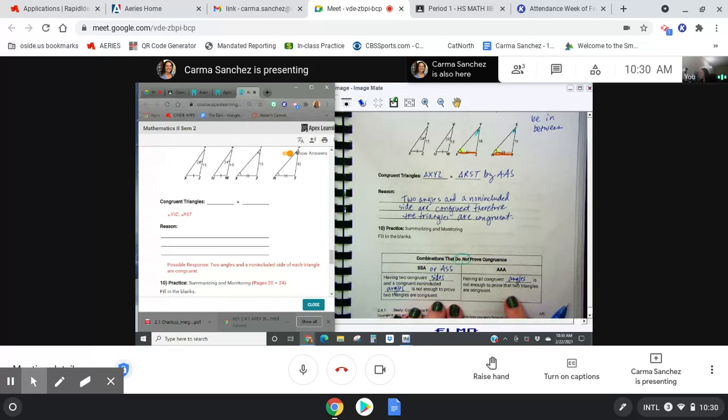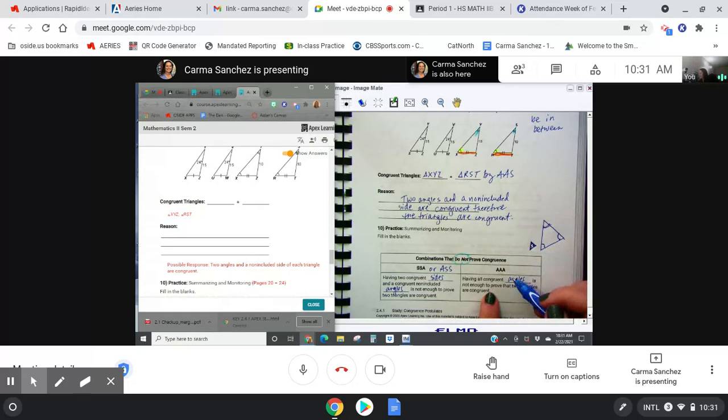So what do I mean by these? For example, if a triangle has three angles that are the same, picture this little tiny triangle. Let's say it's an equilateral triangle with three equal angles, right? There's my equilateral triangle. What if I drew a big mama version of this, an equilateral triangle with three equal angles? Are those two triangles congruent?